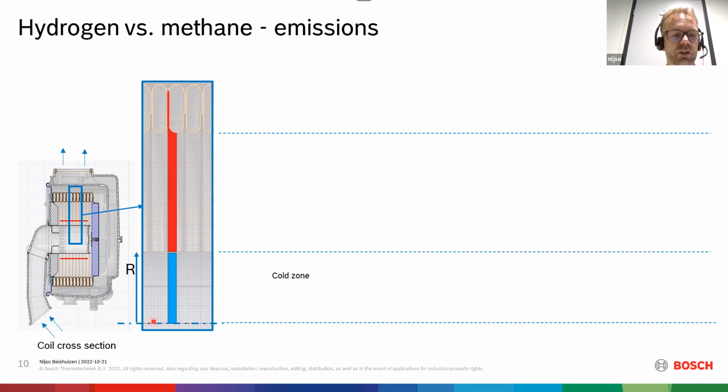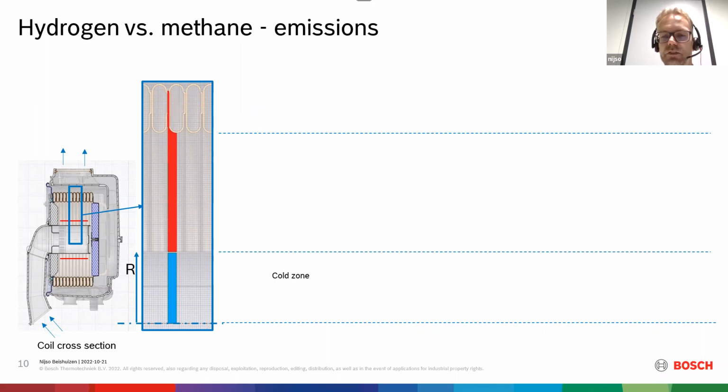So here we have the symmetry line. Then the blue part is, let's say, inside the burner. Then we have the start of the flame region just above the burner surface. And then downstream, we have a cylindrical coil that is surrounding the entire burner. It is filled with flowing water and it extracts the heat.